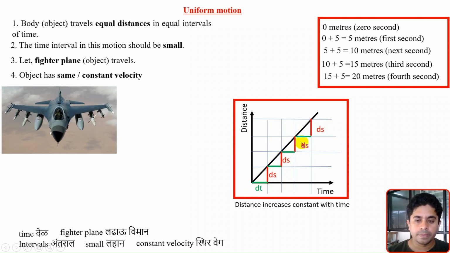Any time interval you take, the ds divided by dt ratio is the same, or the slope of this line is the same. So the fighter plane has a constant velocity for this journey from 0 second to 4 seconds. About this uniform motion, we will discuss in more depth in coming videos.